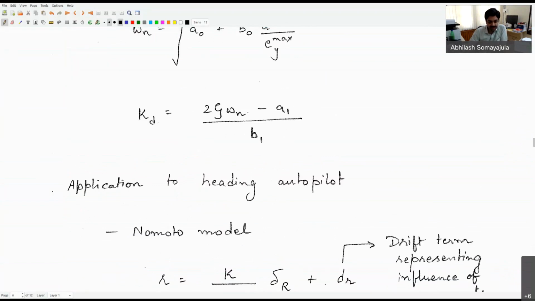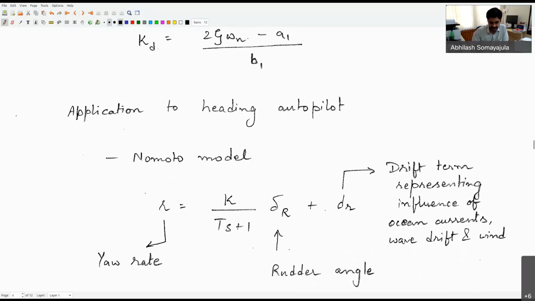Okay, now what we will do is we'll try to apply this pole placement method for a heading autopilot. Which means that we'll take a Nomoto model for our yaw, and we'll try to see whether we can specify a control law which will allow us to have a specific heading.